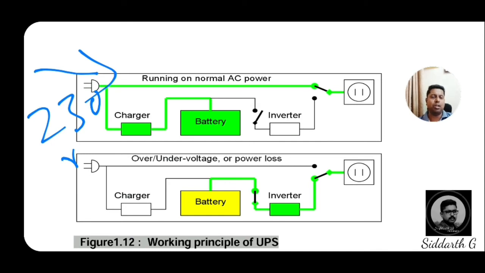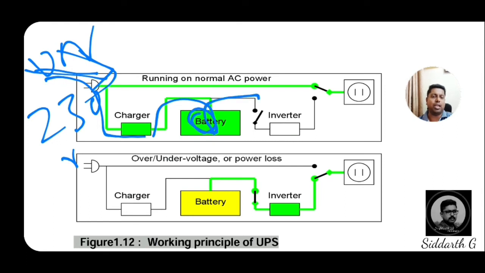With the help of a cable the charger gets power, and now the power is on. That power comes to the charger, the charger moves the power to the battery, and then with a cable the power is connected to the inverter and on to the device.